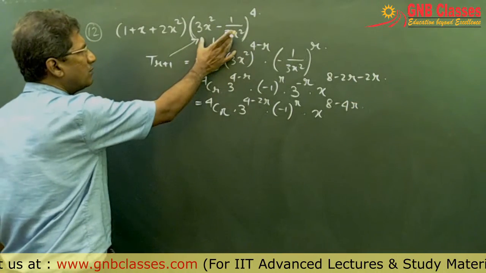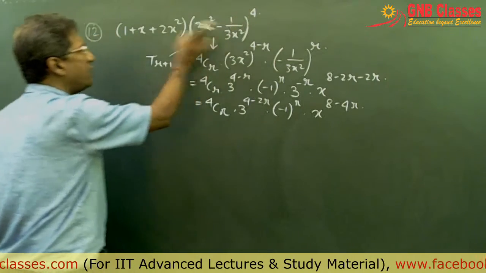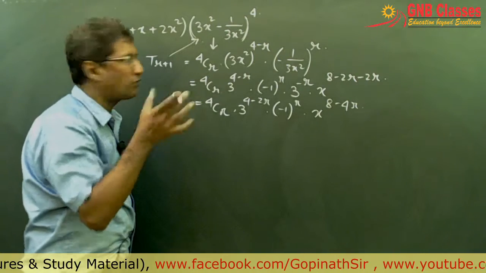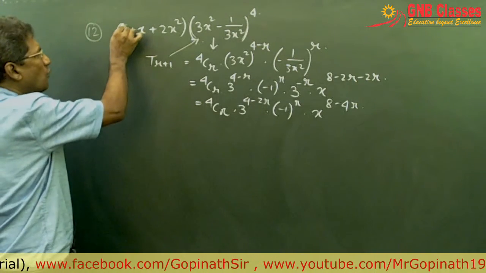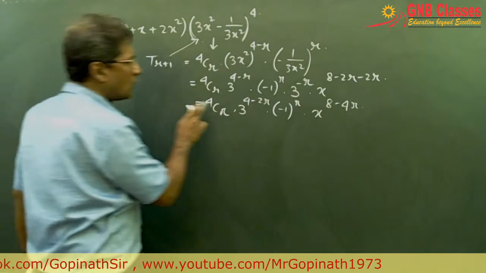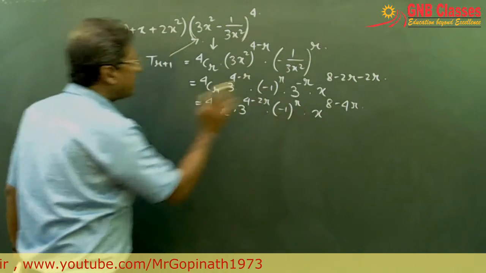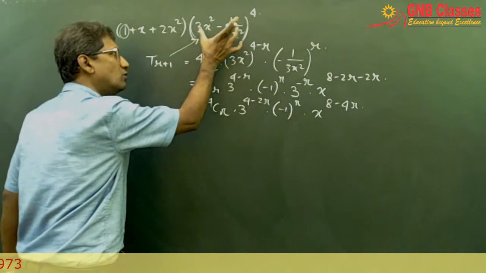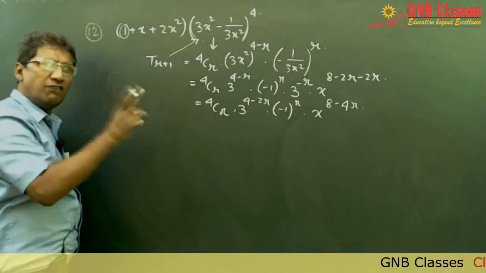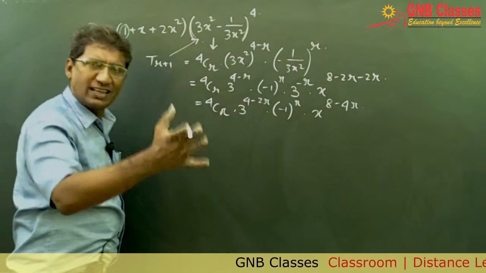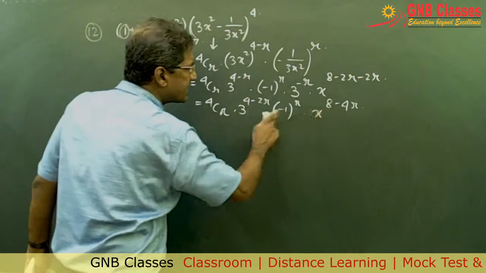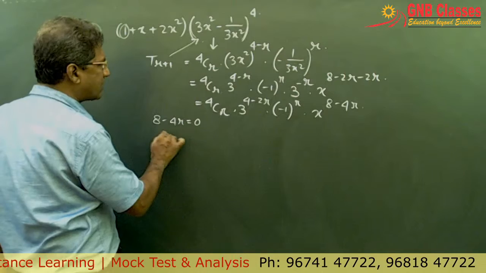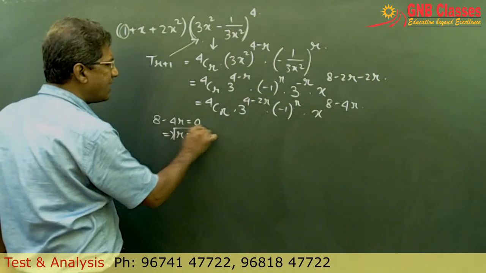Now the term of this expansion when multiplied with this will give you the term which is independent of x. That's exactly what we have to find out. Now you see, when 1 is multiplied with this term, and if we find the term which is independent of x from this expansion, that term when multiplied with 1 gives you a term which is independent of x in the final expansion. Okay, so this is independent of x when 8 minus 4r equals 0. That implies r is 2. Is it clear?